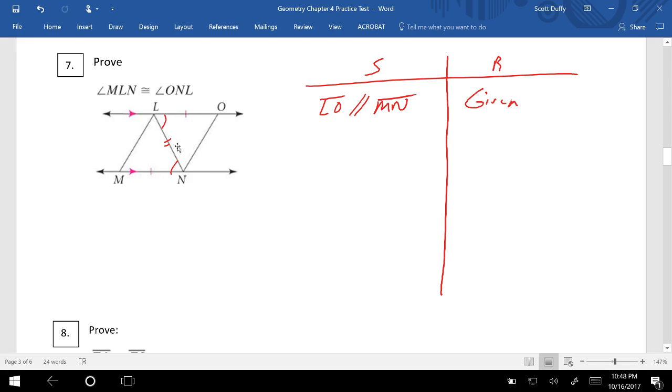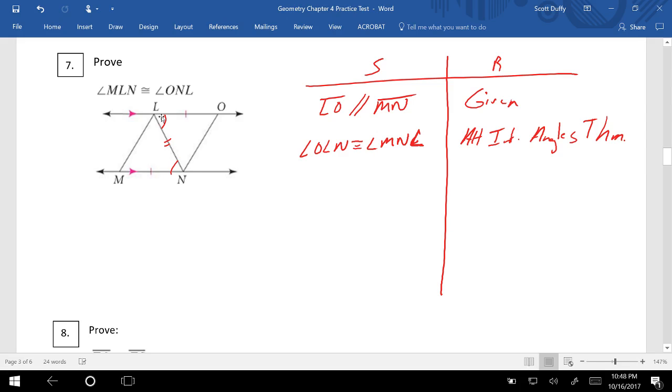Angle OLN is congruent to MNL, because of the alternate interior angles theorem.